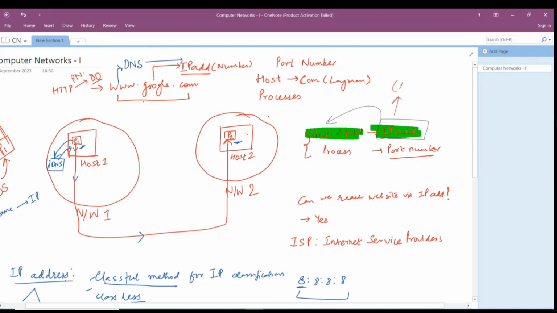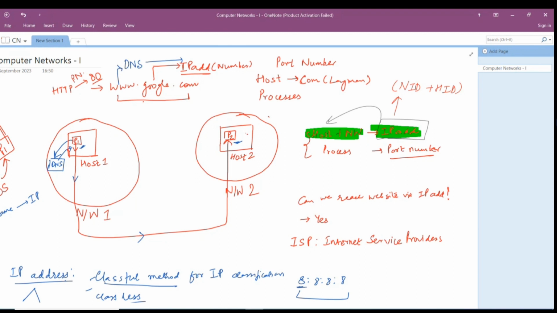One part is known as network ID and the other part is known as host ID. Is this making sense? Again, we were having IP address and port number. Port number recognizes process. IP address was able to recognize the host.